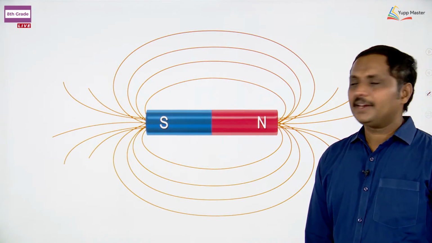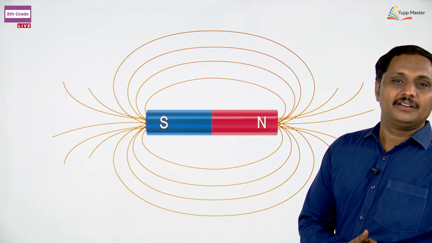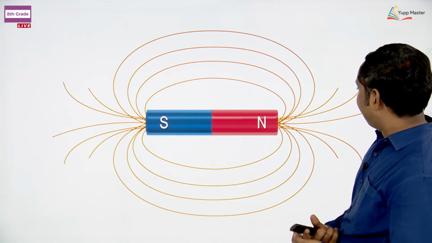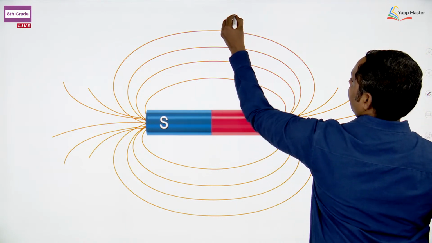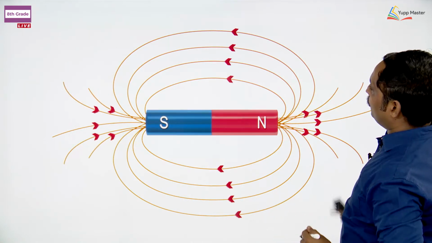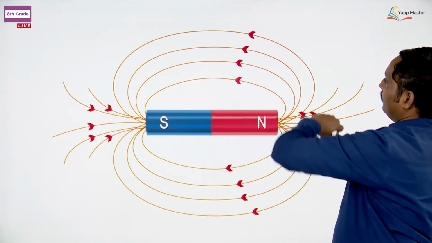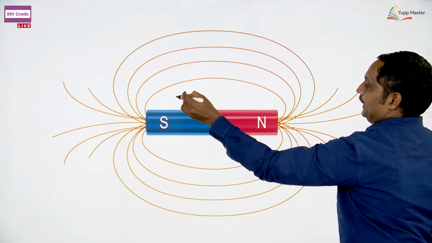Now it is very clear, if you take magnetic flux, you know the magnetic flux originates from one pole and ends at the other pole.